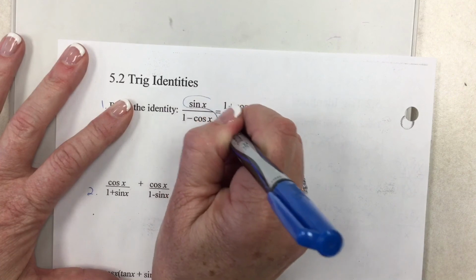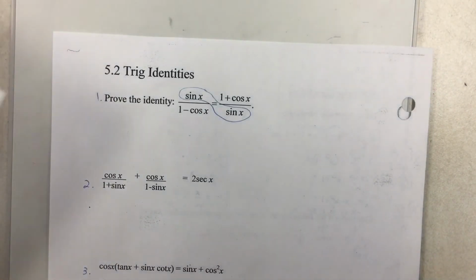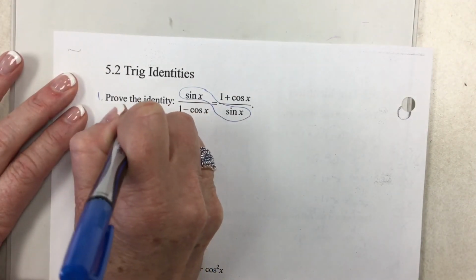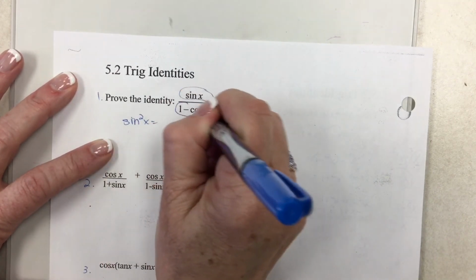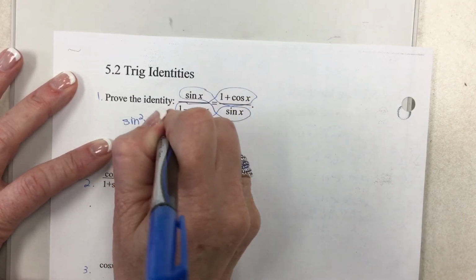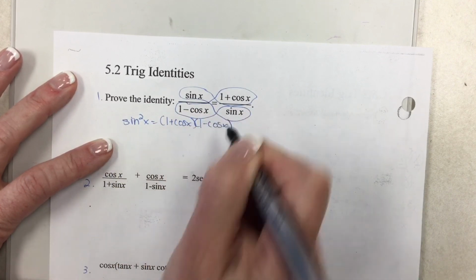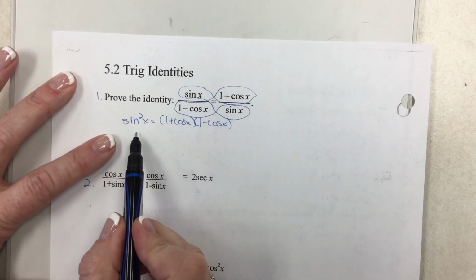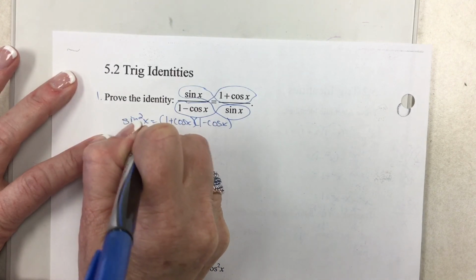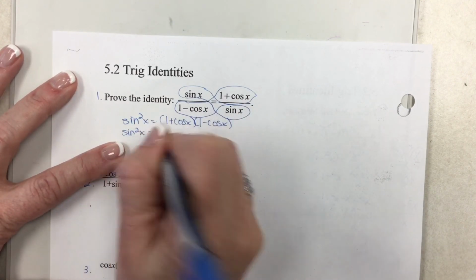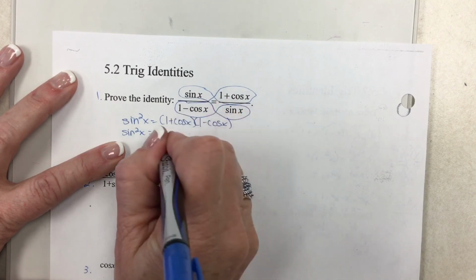So what I'm going to do is I'm going to take sine times sine, and I get sine squared. Set that equal to 1 plus cosine x times 1 minus cosine x. And I'm going to see now if what's on the right will equal what's on the left. Sine squared equals 1 times 1 is 1. I got a negative cosine, positive cosine, those cancel out.